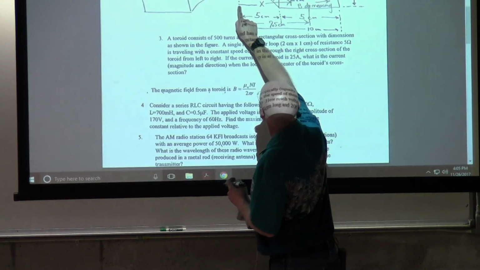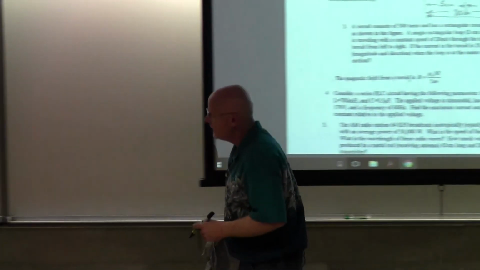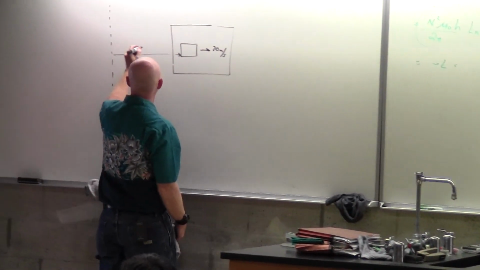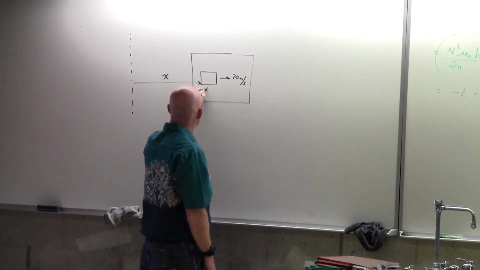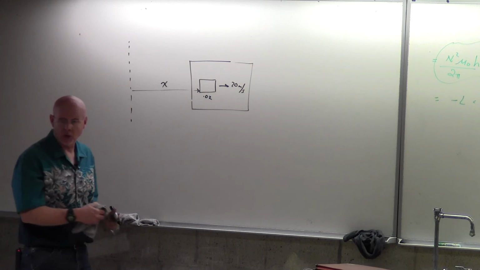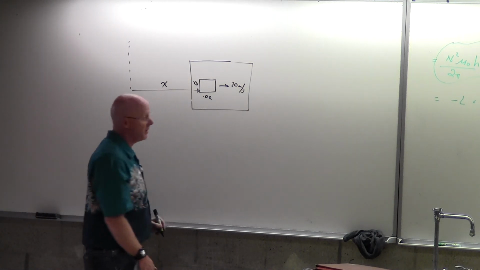It looks like x. So let's just call this x. And so this x is now moving. And the length of this rectangle is 0.2. The height of it is 0.1.